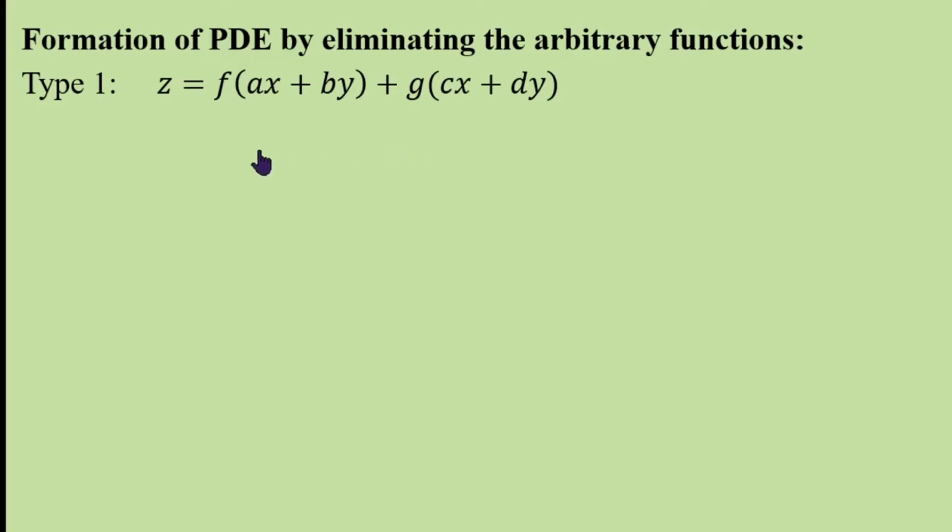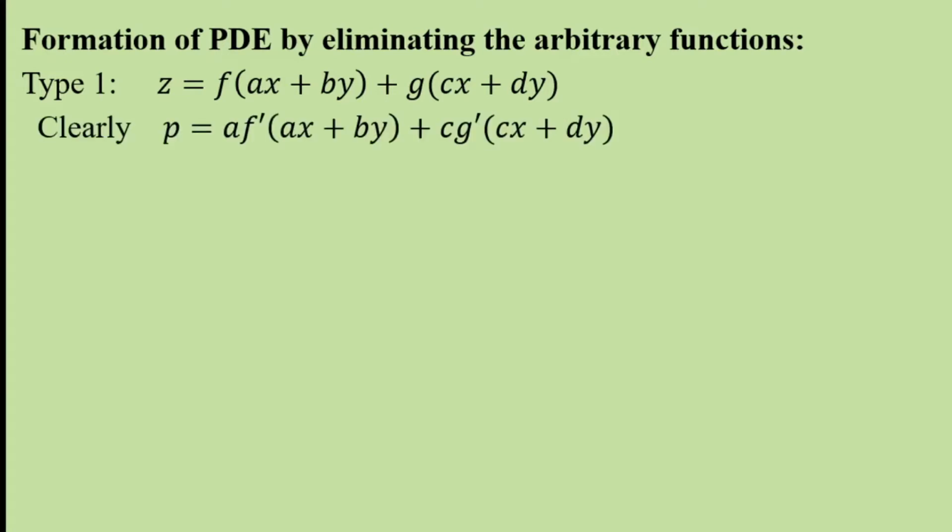So here when you differentiate z partially with respect to x and y and second order partial derivatives, you will get p equal to partial derivative with respect to x, that is a into f dash of ax plus by plus c into g dash of cx plus dy.